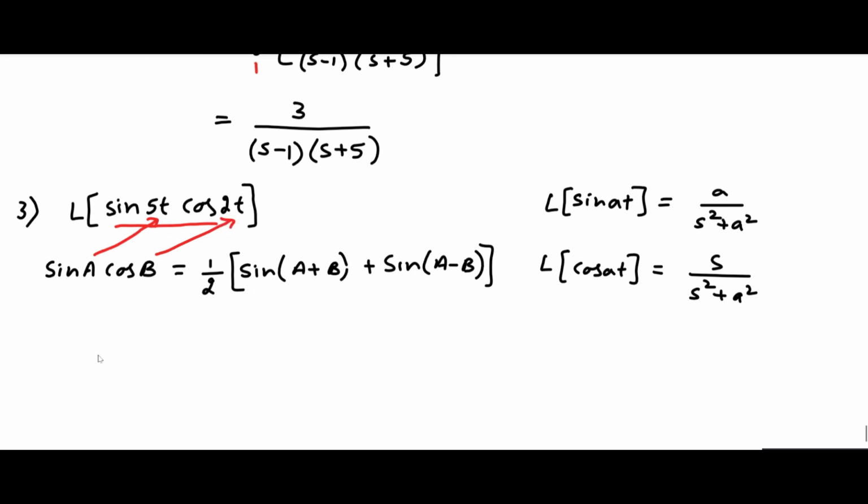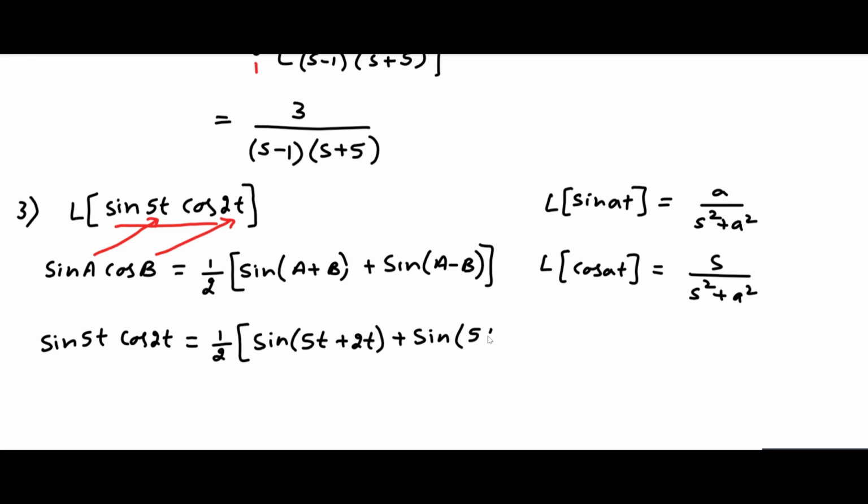If you plug in these values, sine of 5t into cos of 2t will be equal to 1 by 2 times of sine of A plus B, that is sine of 5t plus 2t, plus sine of A minus B, that is 5t minus 2t.